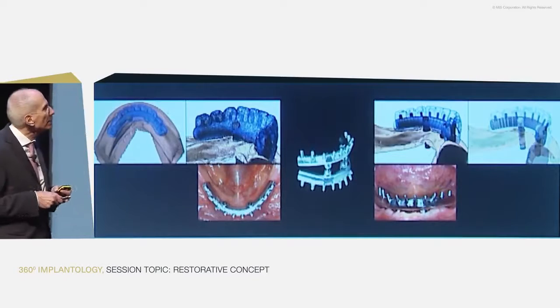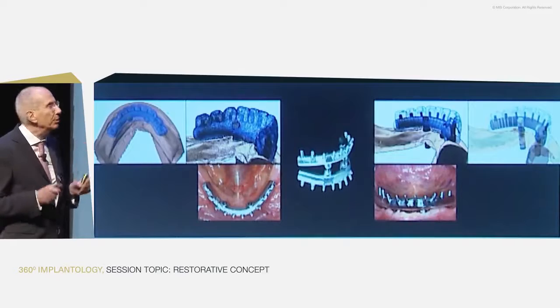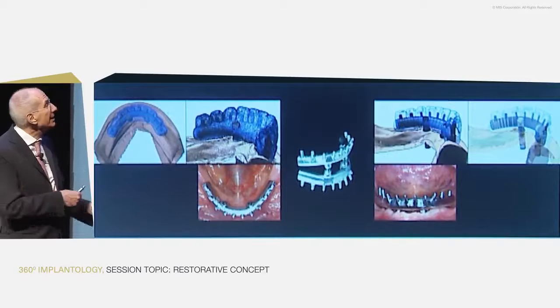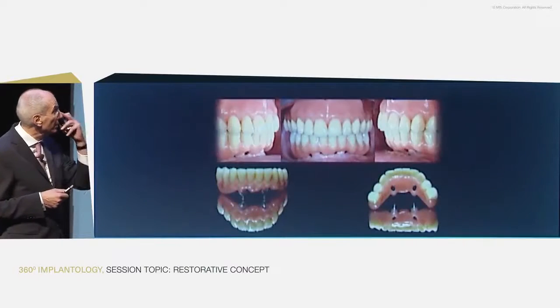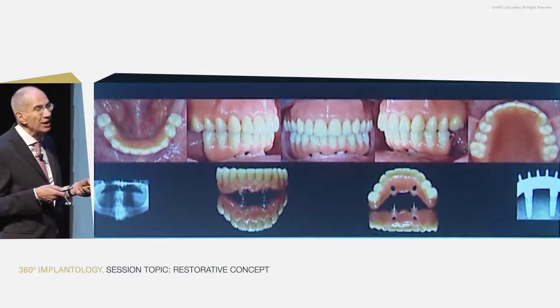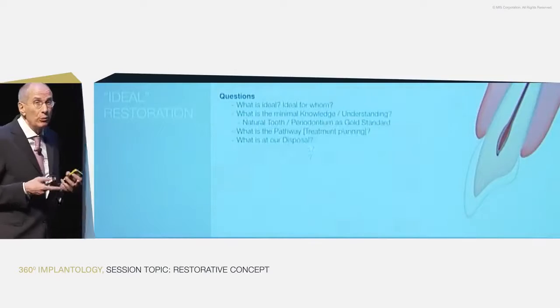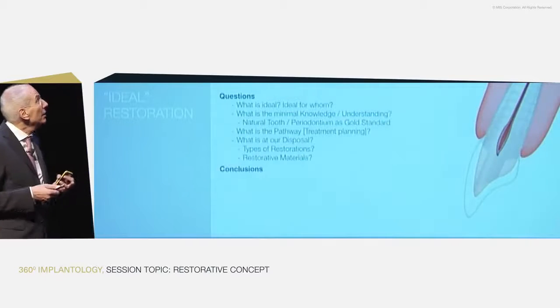And of course, you can mill the bar from titanium, a very stable titanium bar, and then have a fixed restoration. But I remind you again, it's an experimental solution. You can see it here, where a reduced dentition or a premolar dentition in these cases.